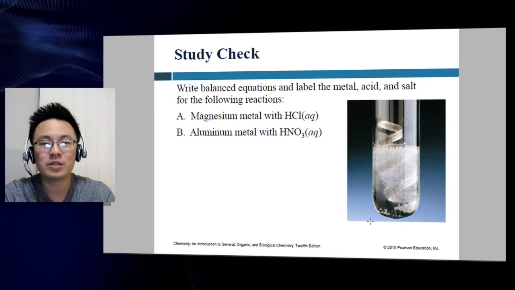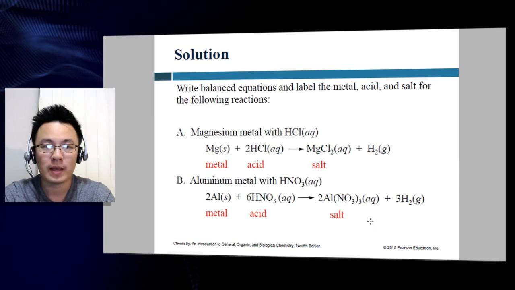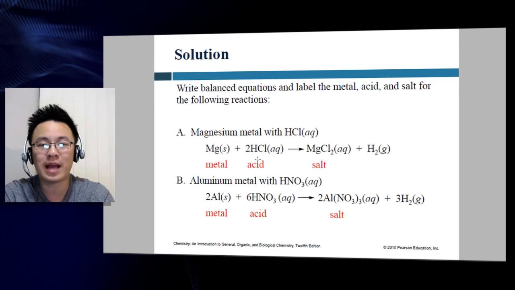Write the balanced equations and label the metal, acid, and salt for the following reactions: magnesium metal with aqueous hydrochloric acid, and aluminum metal with aqueous HNO3. As you can see here, magnesium with hydrochloric acid will produce hydrogen gas, and the magnesium and the chlorine react together to produce that salt, MgCl2, dissolved in aqueous solution.